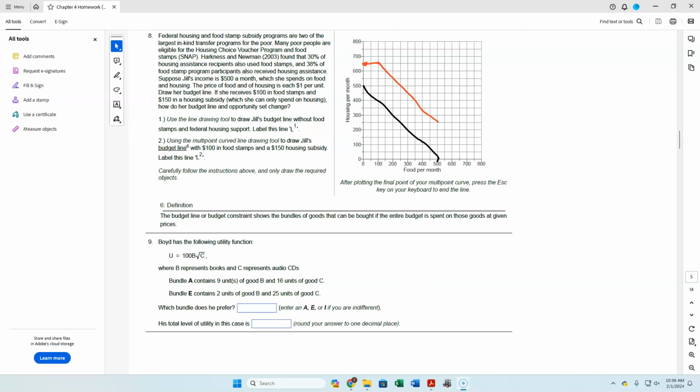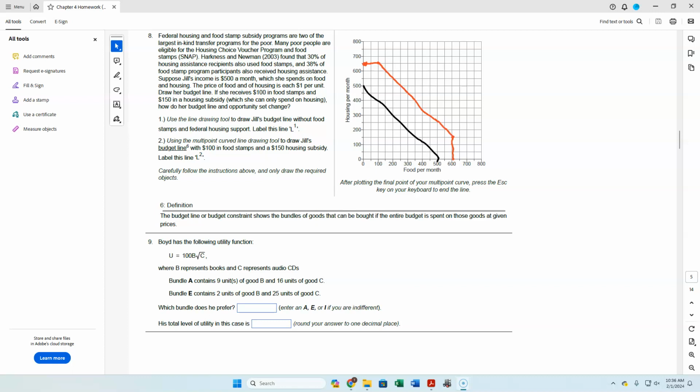And then, what is she given here? $150 in a housing subsidy, so that would be 600. $600 to $150.